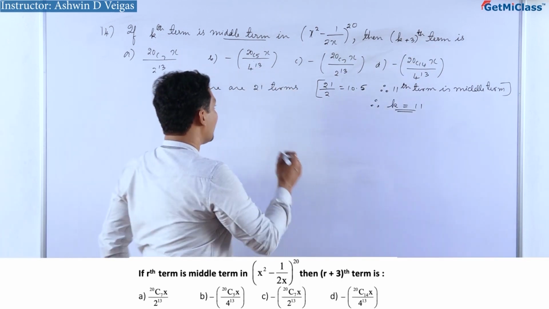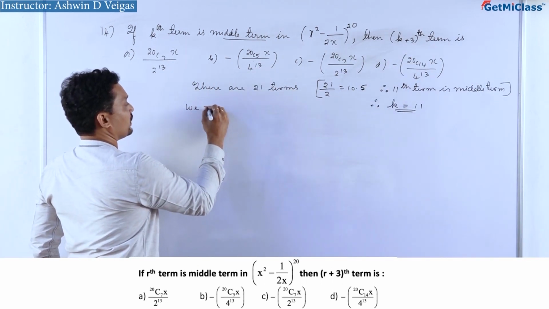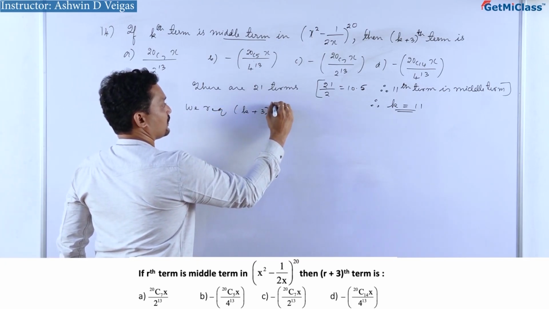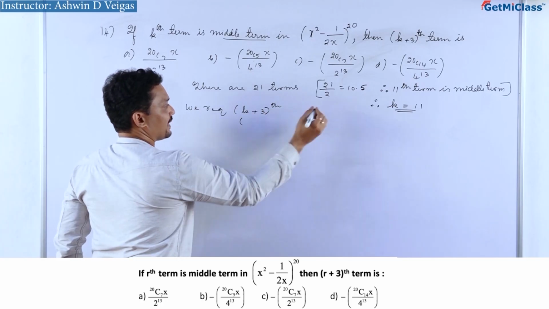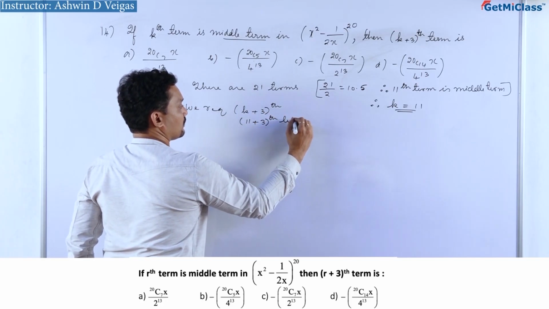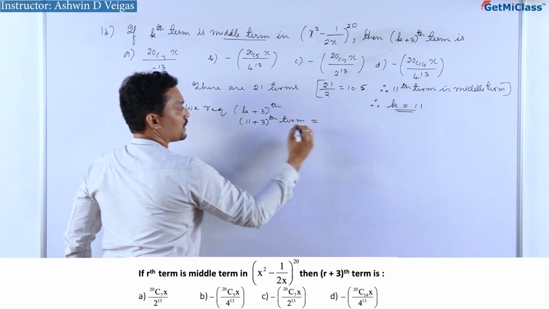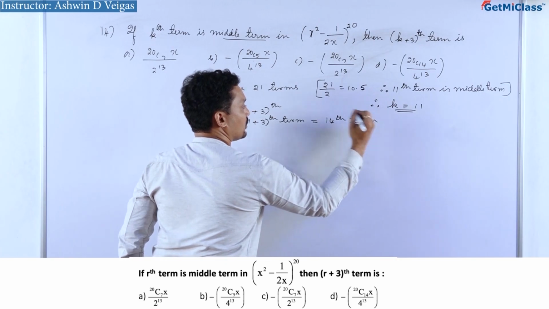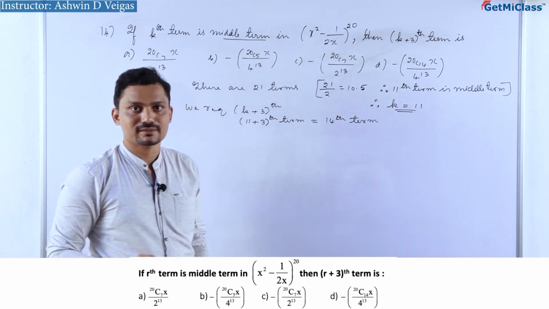Therefore we require the (k+3)th term. K is 11, so the 11 plus 3 term, and 11 plus 3 is nothing but 14. So they are simply asking us to find the 14th term of this.